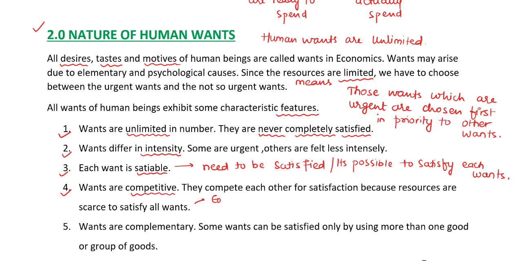I'll quote an example over here. If somebody is ill, he needs medicine, and as well you need an expensive biscuit. Now you should understand one thing over here. Supposingly you have limited resources, limited money to satisfy these two wants. Either you can go with an expensive exclusive biscuit or you may choose to buy a medicine.